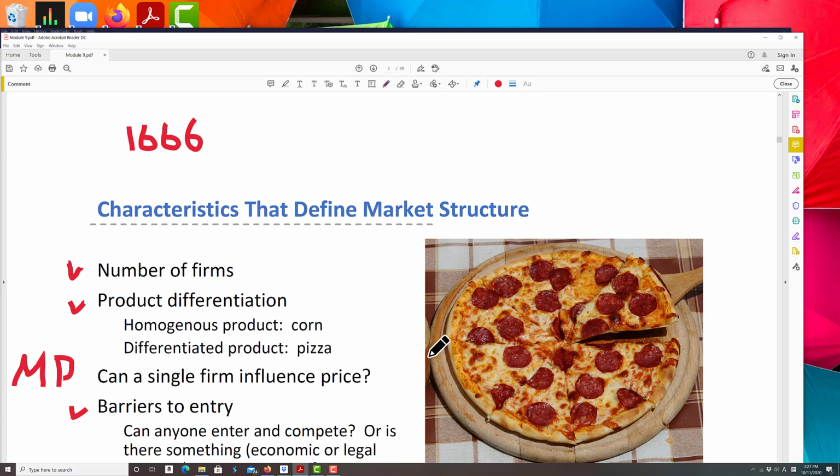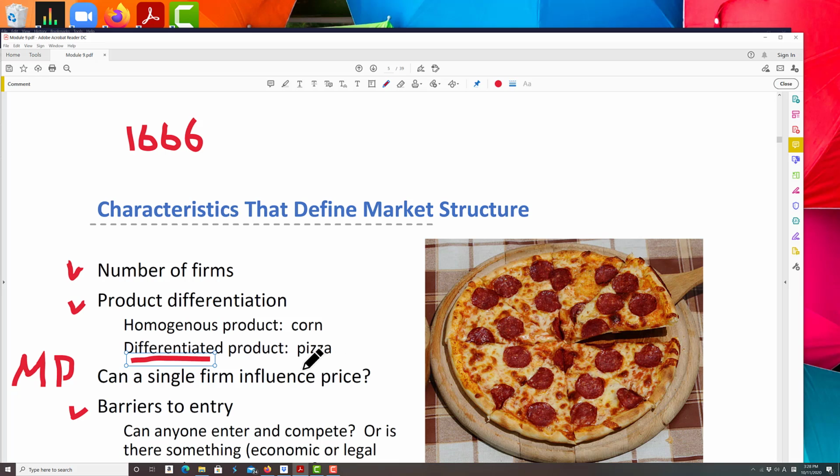So they look at these parameters. How many firms are there in the market? Are they producing homogeneous products or differentiated products? For instance, corn and soybeans are homogeneous products. When we consume corn, we cannot tell in a blindfold test whether those corn is produced in Iowa or Missouri or Illinois.